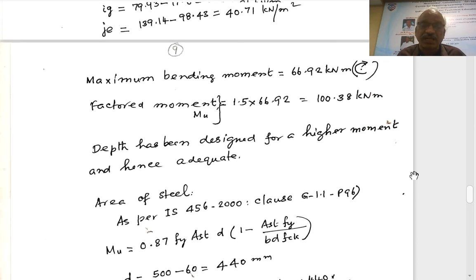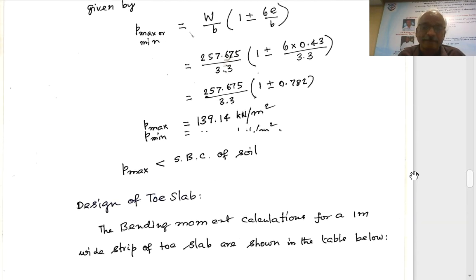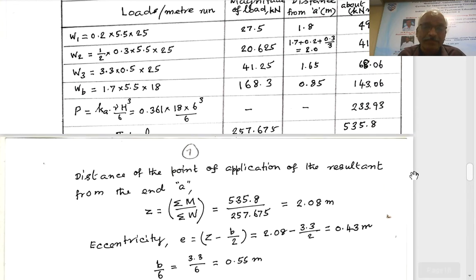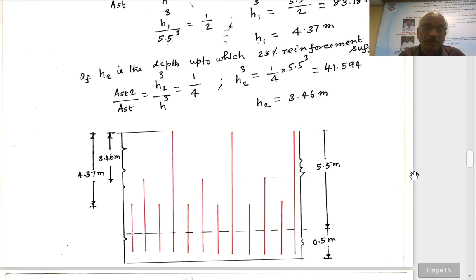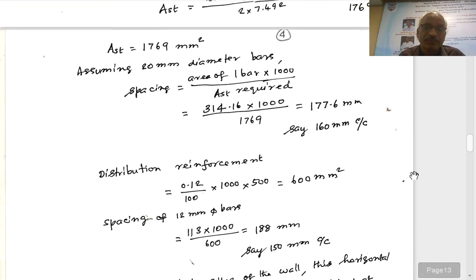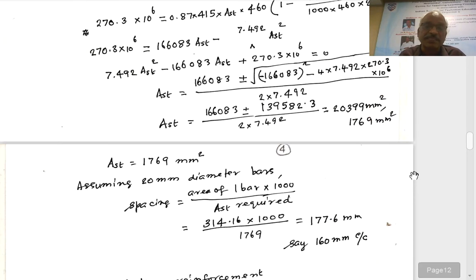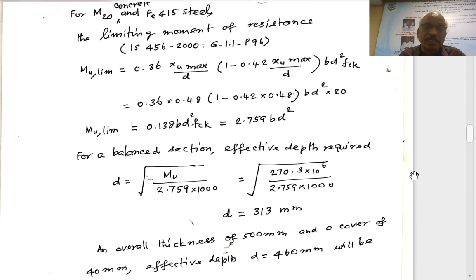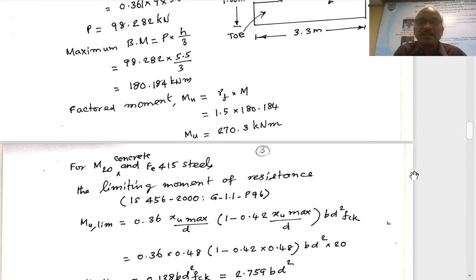Let us check it once. Only once we will check it. Right. Now we know that the maximum bending moment is 270.3 kilonewton meter. 270.3 is the highest value. Therefore, the bending moment in the case of toe slab as well as bending moment in the case of heel slab will be much less than this value. We have designed 500 mm thickness for a bending moment of this value.